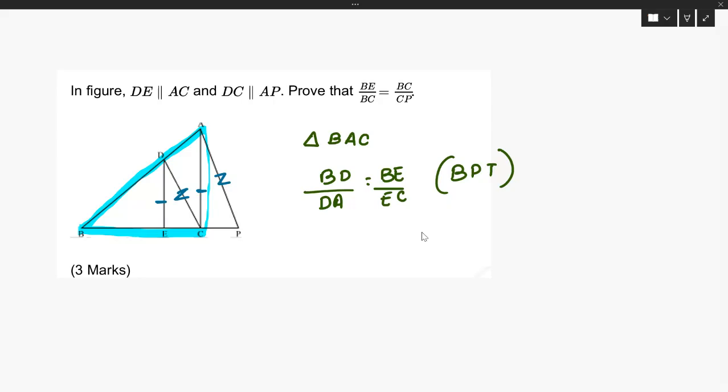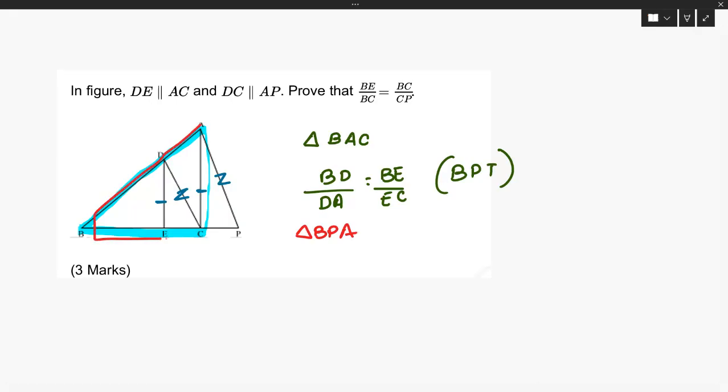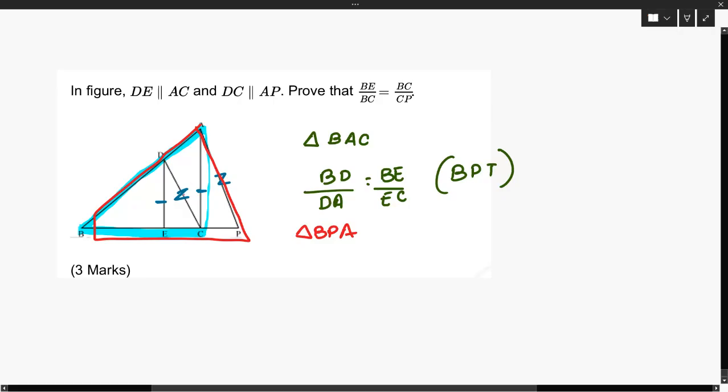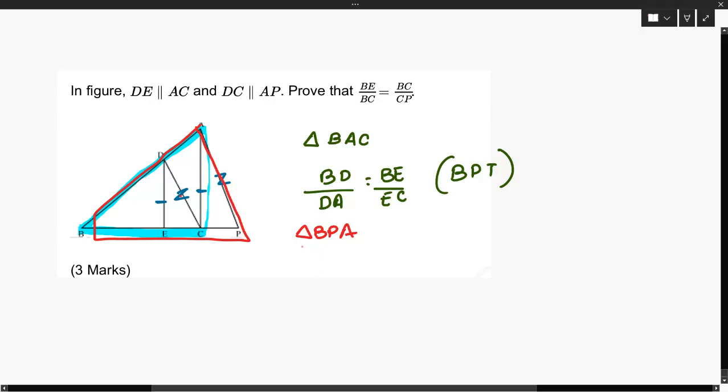Okay, let's write for the other triangle as well, which is triangle BPA. In triangle BPA, DC is parallel to AP. So what will be the basic proportionality theorem? How will the sides be?